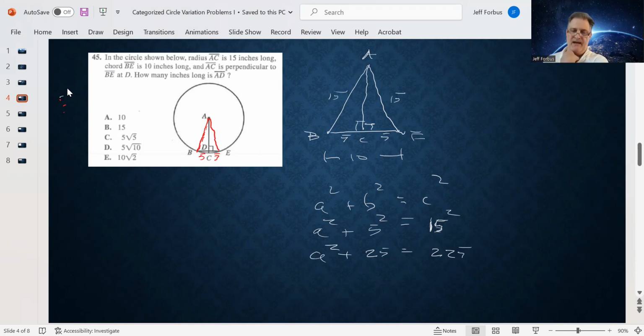Subtract over your 25, and A squared is equal to 225 minus 25. And that's going to give us 200. So that's A squared. Take the square root of both sides. I'll put it up here on the top right.